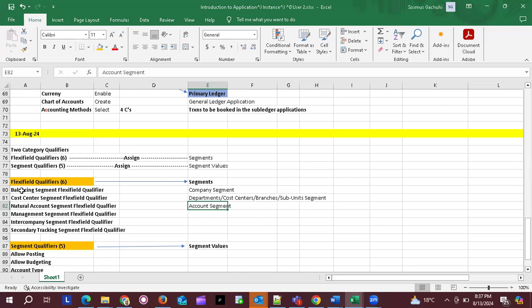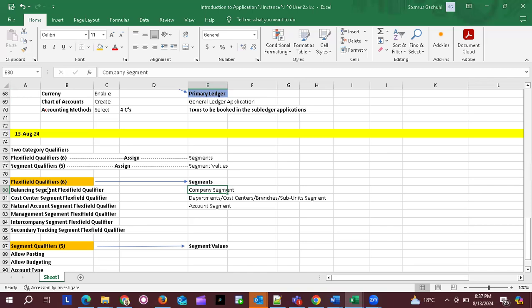If you assign the balancing segment Flexfield qualifier to the company segment, it becomes the balancing segment for that organization.